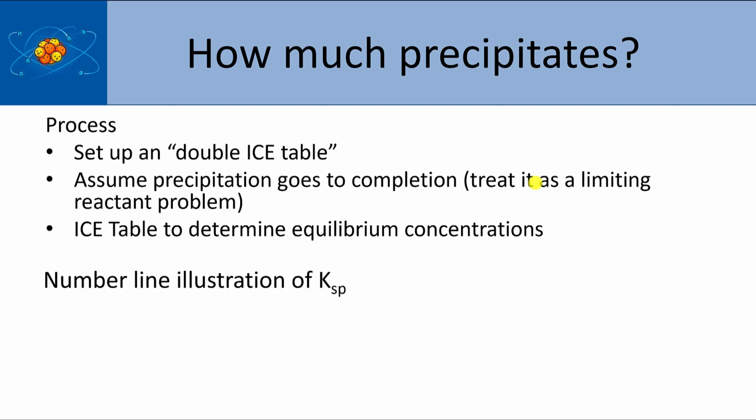Okay, so now what we're going to do is ask the question of how much precipitates. In these kinds of problems, you're given concentrations of ions to start with. Then you assume the second thing that happens is precipitation takes place.